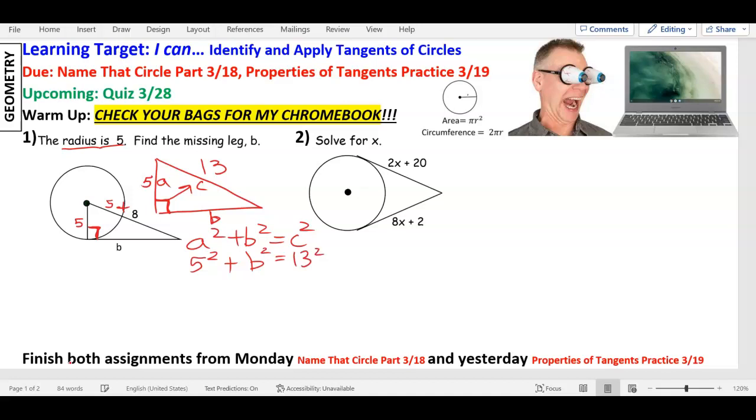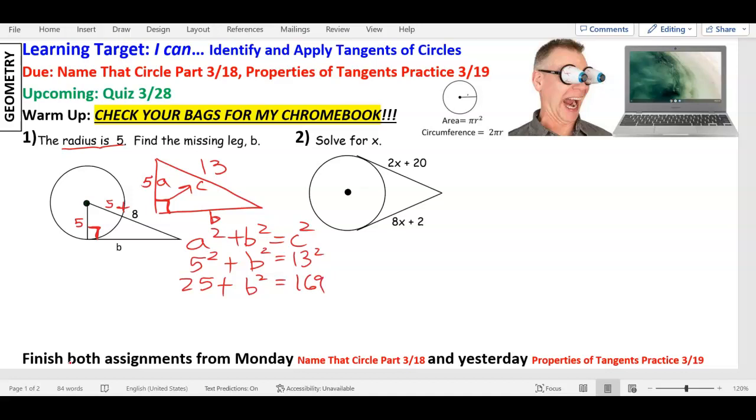Cool. So I got A squared plus B squared equals C squared. Is everyone looking up here? Hey. So now I have to square the numbers. 5 squared, 5 times 5 is 25. B squared stays B squared. And then 13 squared, 13 times 13, is 169.